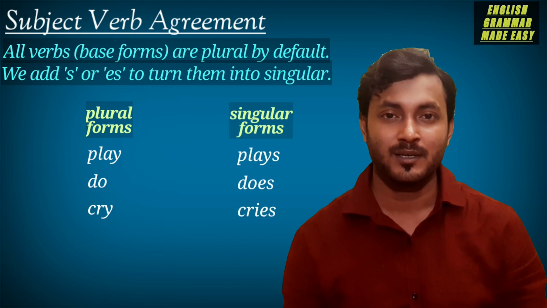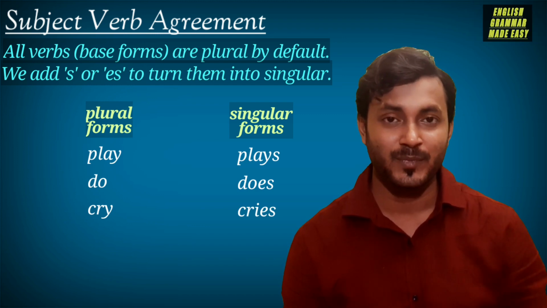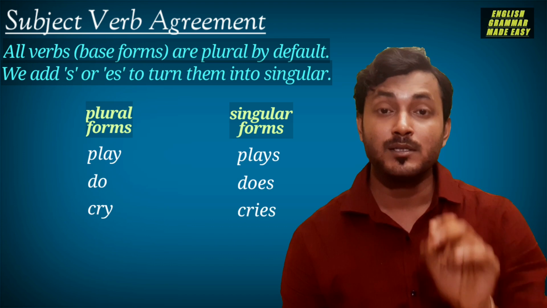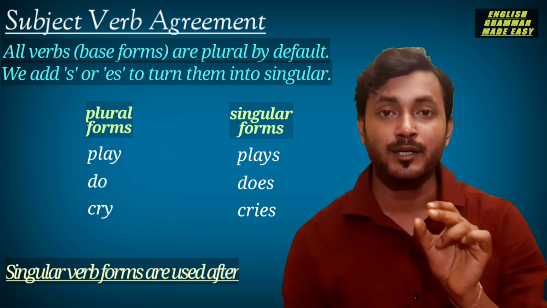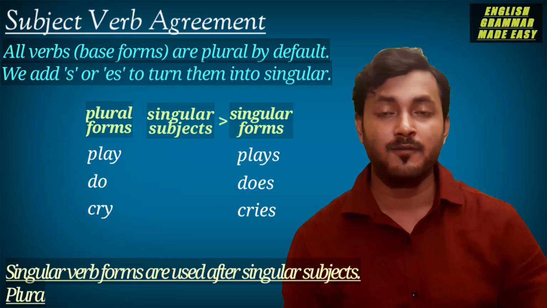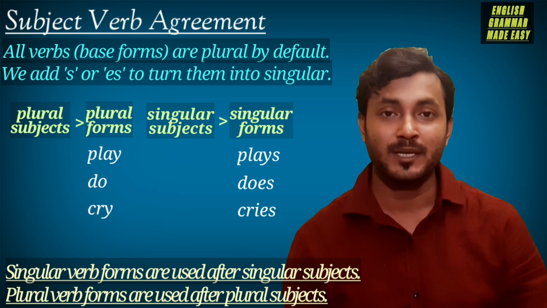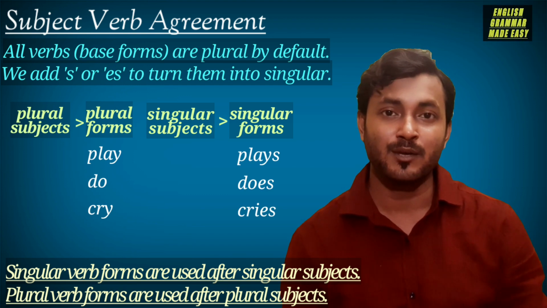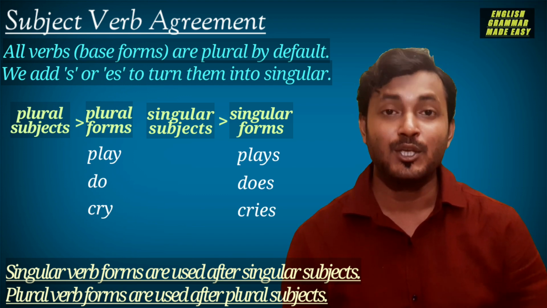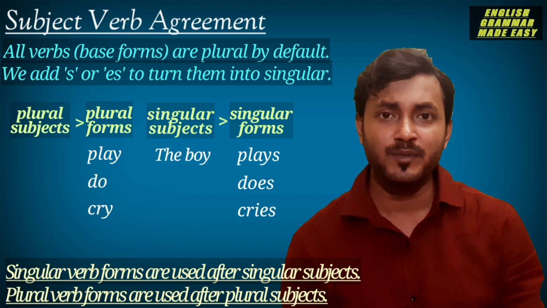Now remember two sentences that I am going to tell you. These two sentences are: singular verb forms are used after a singular subject. Plural verb forms are used after a plural subject. That means if the subject is singular, like the boy, you should write plays because it is the singular form of the verb.